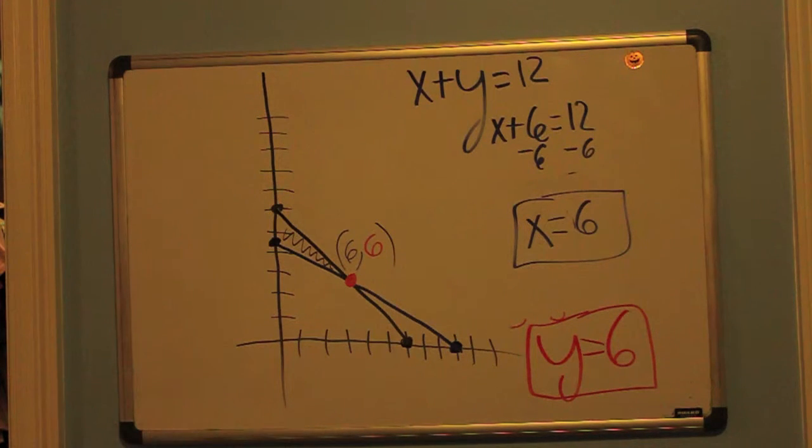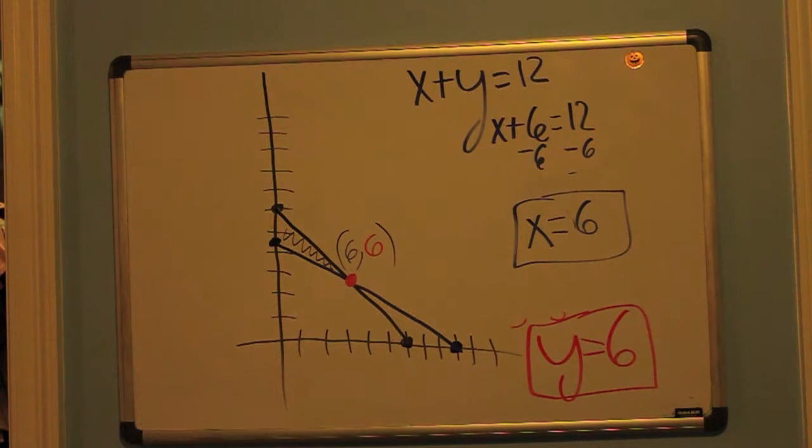After finding the y coordinate, we are now able to find the x coordinate. I chose to plug the y into the equation x plus y equals 12. Our new equation is x plus 6 equals 12. After simplifying for x, we find out that x equals 6.